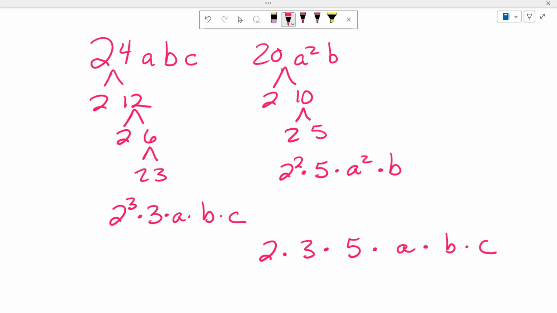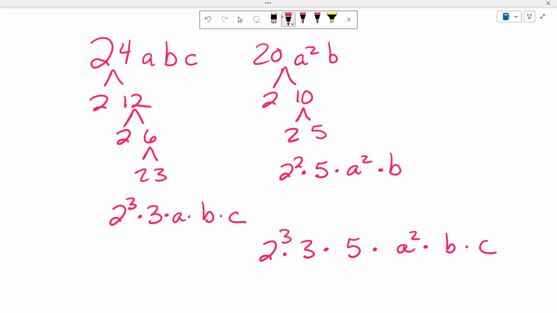Now, what's the highest power 2 appears to? 3. What's the highest power 3 appears to? 1. What's the highest power 5 appears to? 1. What's the highest power A appears to? 2. What's the highest power B appears to? 1. And what's the highest power C appears to? 1.